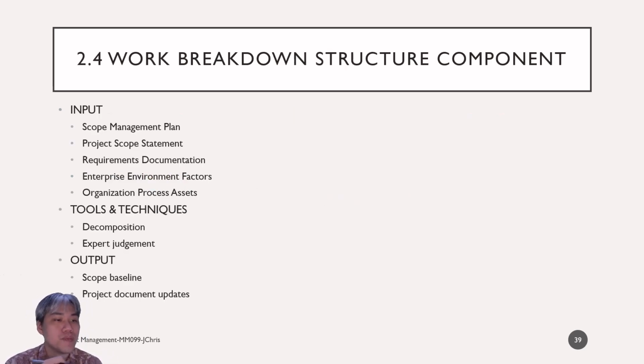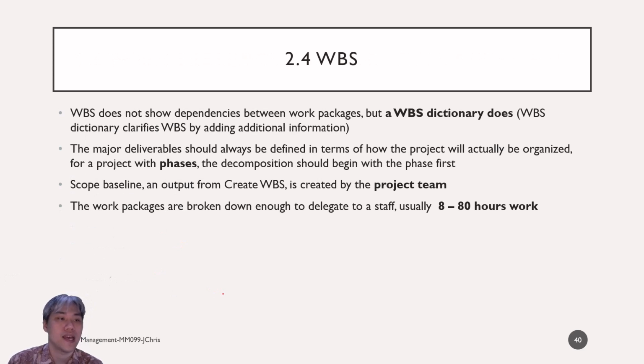The WBS inputs are the scope management plan, project scope statement, requirements documentation, enterprise environmental factors, and organizational process assets, using the tools and techniques of decomposition and expert judgment. The outputs are the scope baseline and project documents updates. The WBS does not show dependencies between work packages, but the WBS dictionary does. This is a sub-document that clarifies the WBS by adding additional information.